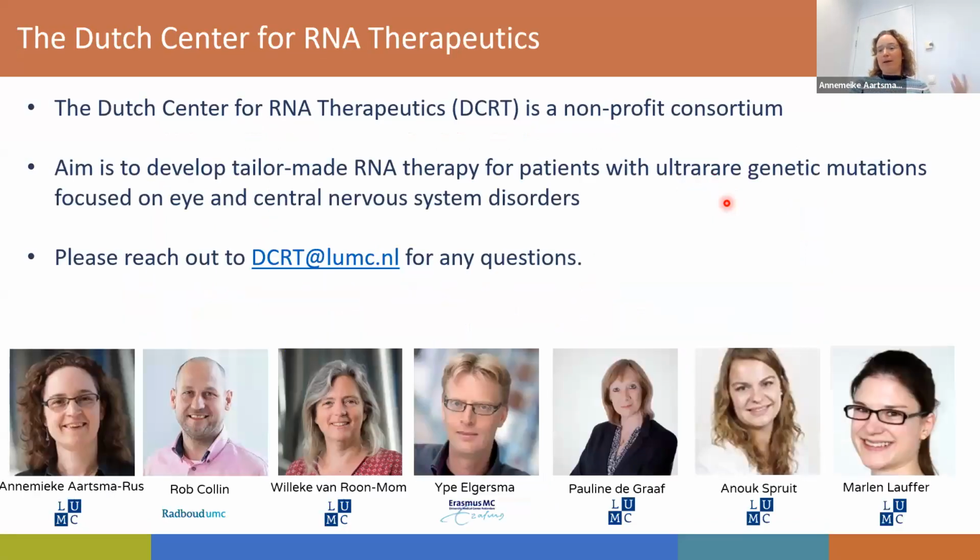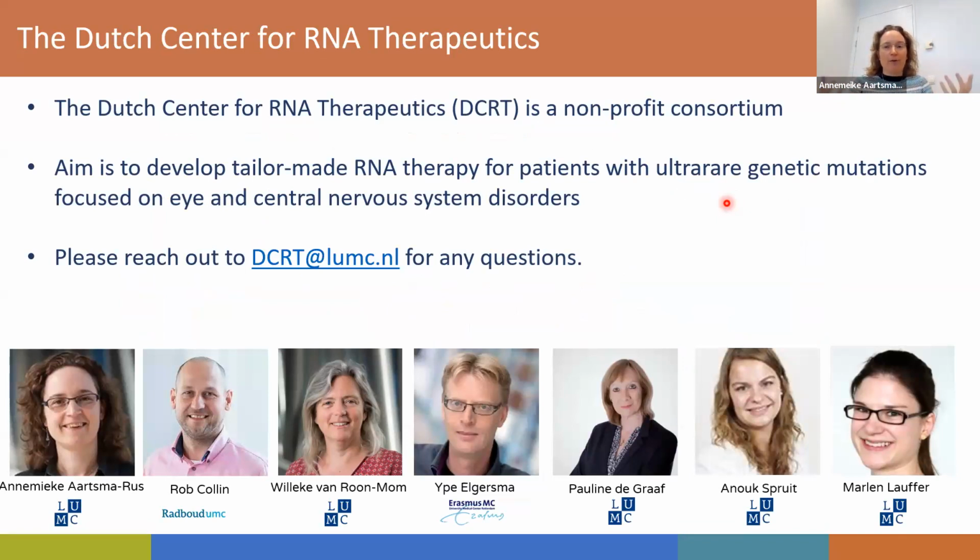So we were inspired by this, and not just us. I'm of course giving my perspective because that's one that I know, but there's other initiatives like this out there, to develop AON therapies for patients with very rare mutations. We want to do local treatment, eye and CNS, because we know that we can reach those tissues.